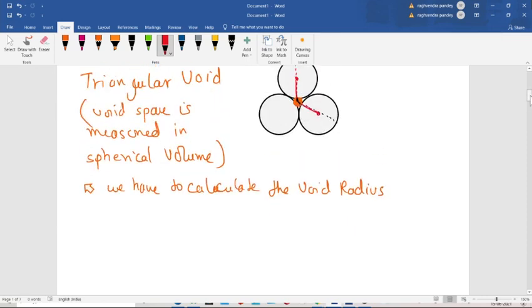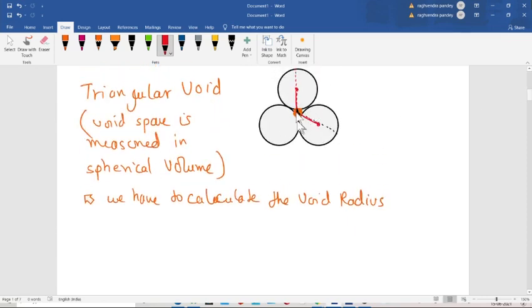Inside the void there is a sphere. The sphere volume we have to calculate, or just the radius.